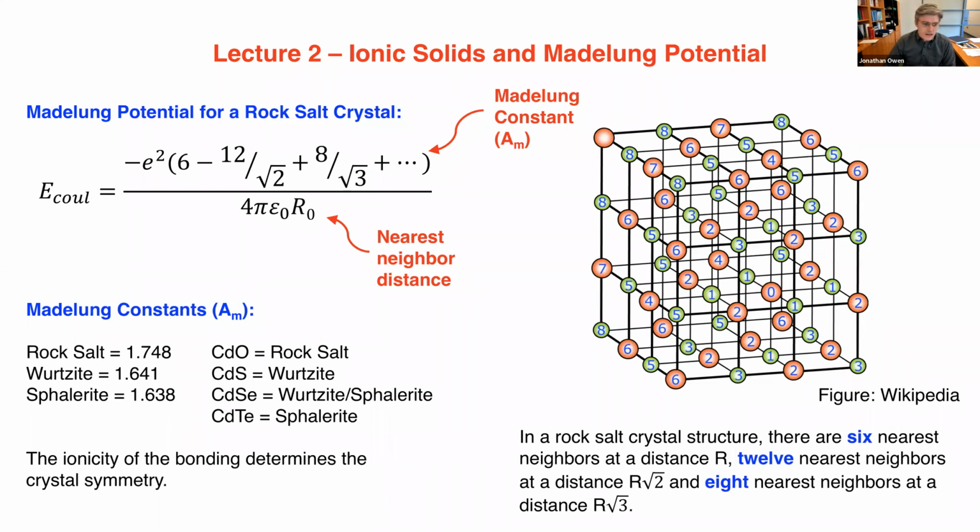And something with a higher geometric constant is going to have a larger Coulomb potential. For these various structures, rock salt, wurtzite, and sphalerite, that constant is decreasing. And that makes rock salt the structure you see for ionic materials, because you get better Coulomb interactions in that geometry. So you can estimate the importance of the ionic bonding or the attraction just by looking at that Madelung constant.